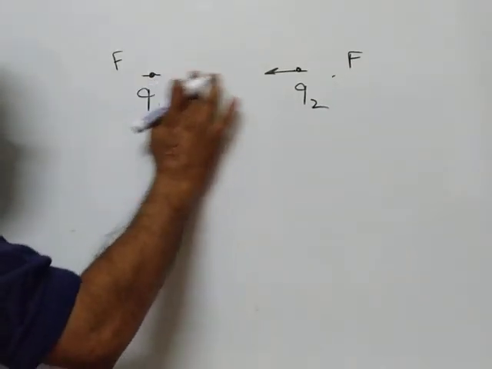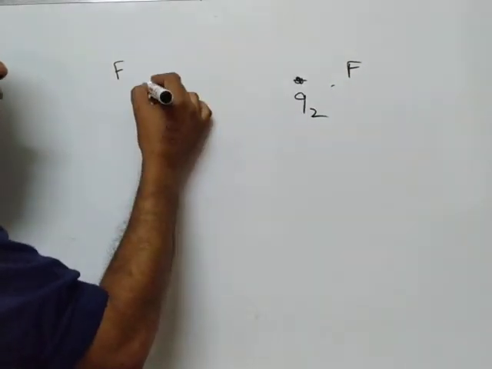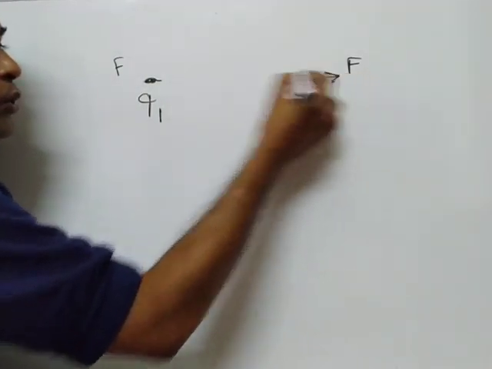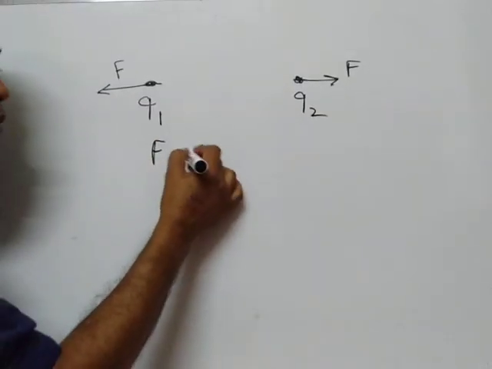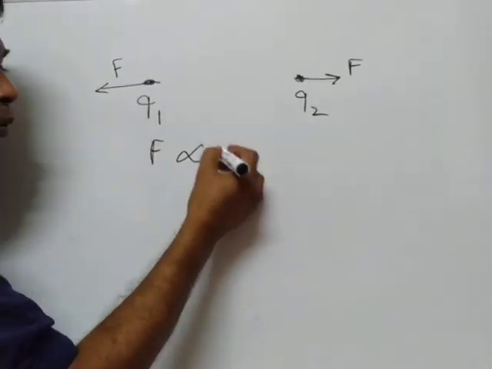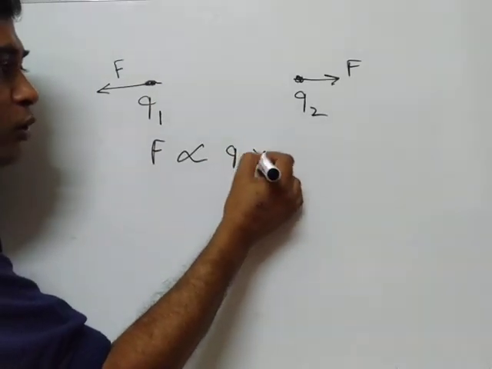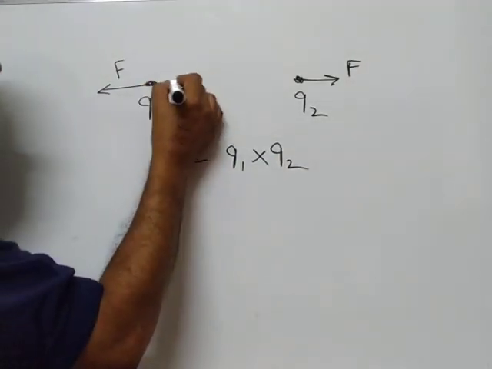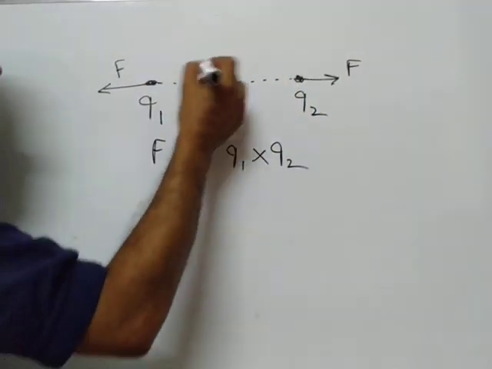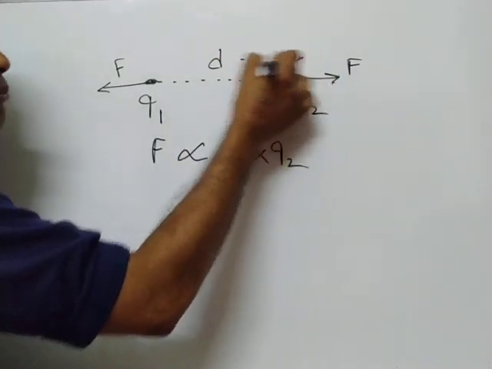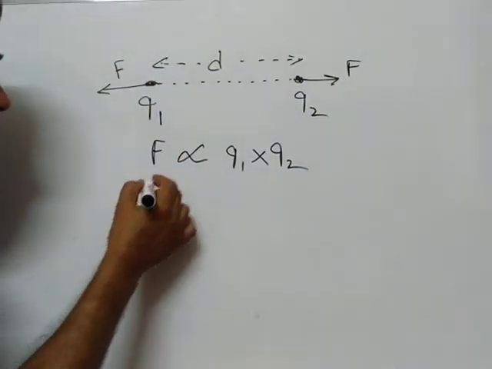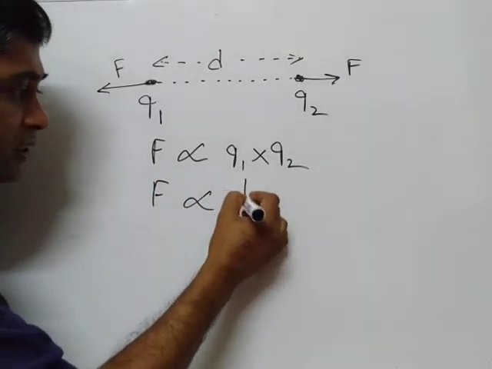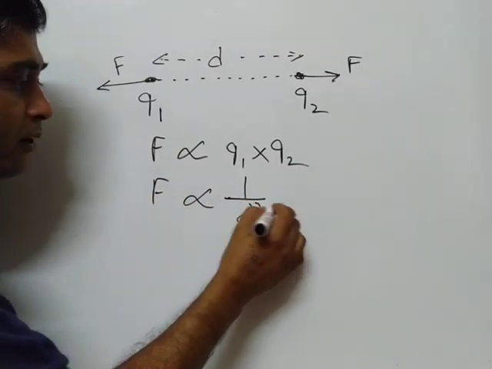Let us assume this Q1 and Q2 are similar type charges. So they will experience repulsive force. Coulomb's law tells us that this F is proportional to the product of the amount of these two charges, and if d is the distance between them, then F is inversely proportional to the square of d.